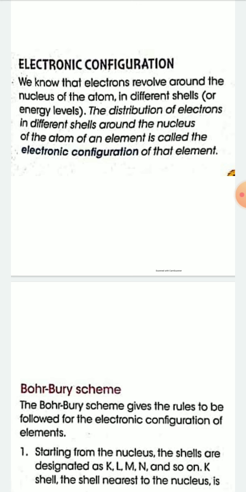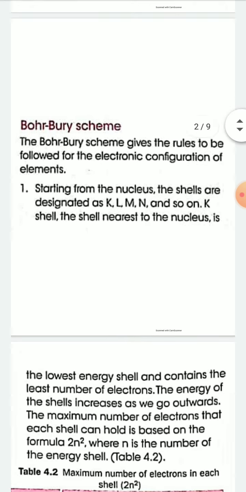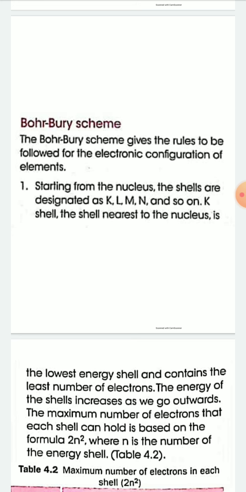You have to follow some rules to find out the electronic configuration of an element, and the rules are the Bohr-Bury scheme. So you have to follow the Bohr-Bury scheme to write the electronic configuration of an atom of an element.